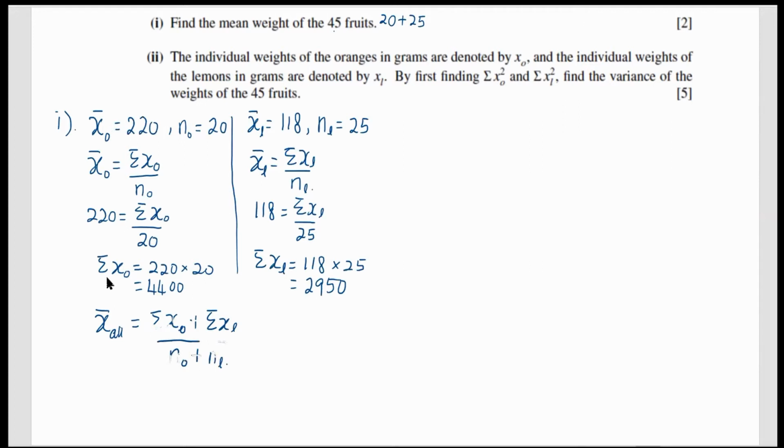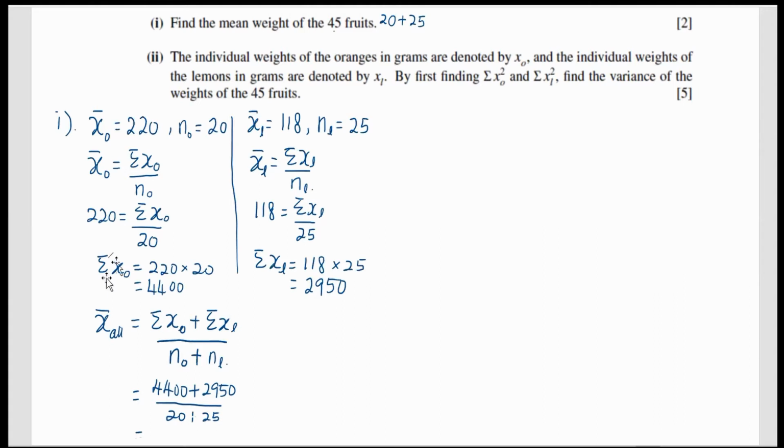So this is the combined sets of data. So this is 4400. This is 2950. The number of oranges is 20 and 25 lemons.